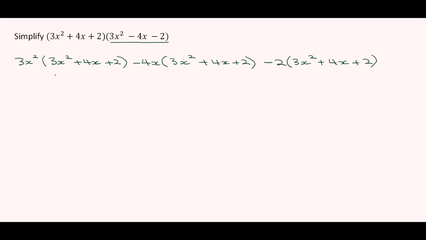3x squared multiplied by 3x squared, that is 9x to the 4th power. 3x squared multiplied by 4x is going to give us 12x to the 3rd power. 3x squared multiplied by 2 is going to give us 6x squared.